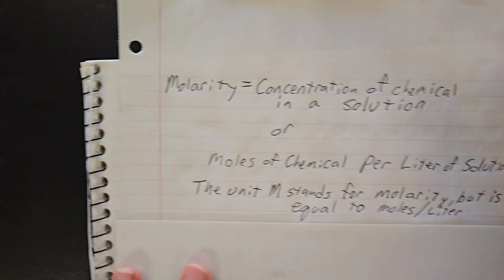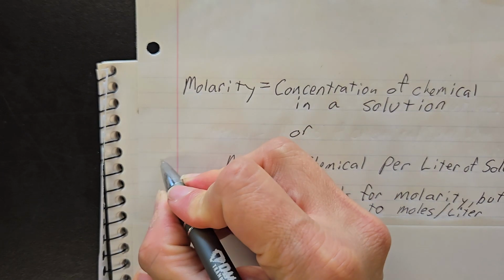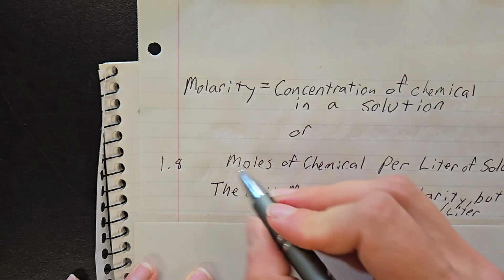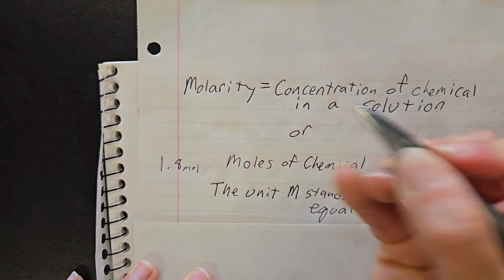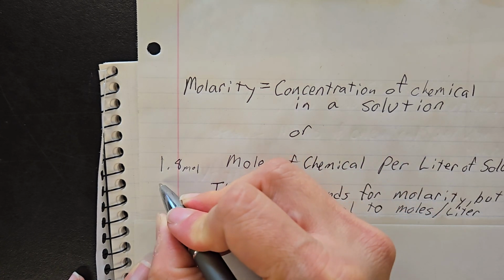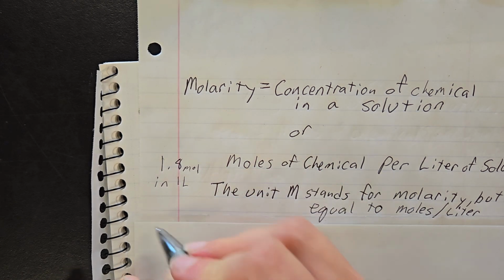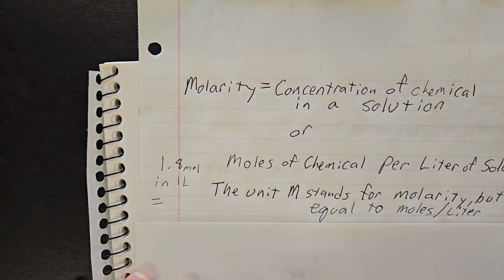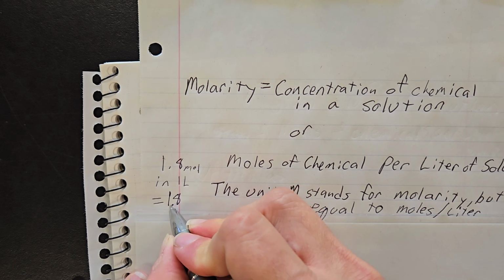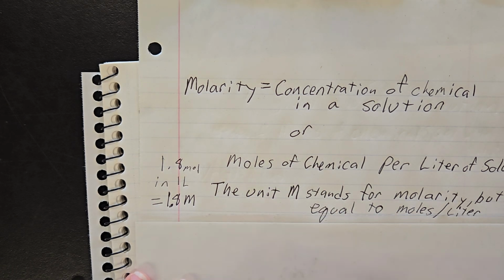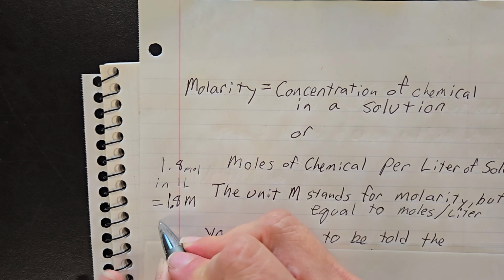So if I have a chemical and I have put, let's say, 1.8 moles in 1 liter, that is written as 1.8 M, and it's read as 1.8 molar.